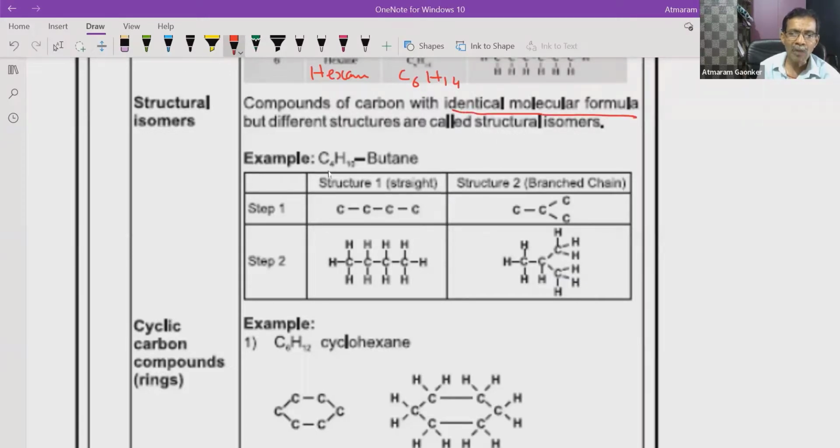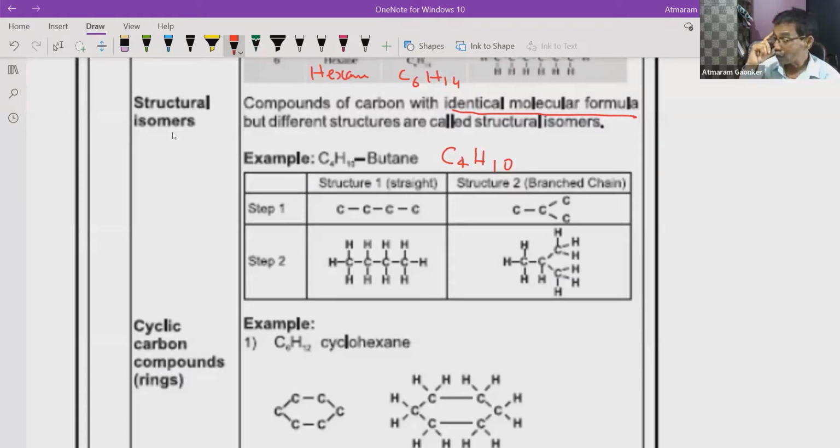See, the molecular formula is the same, that is C4H10. Yes, C4H10 is the formula, but the structure is different. Molecular formula is the same and structure is different. Then such compounds are called structural isomers.